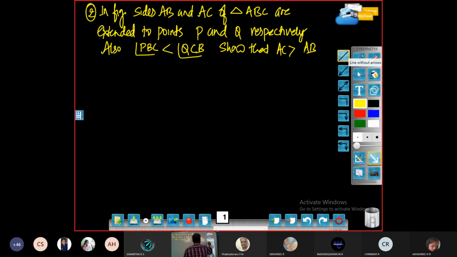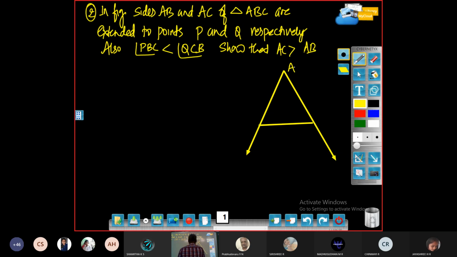So you can draw the diagram like this. This is A, B, C. This is P. This is Q.